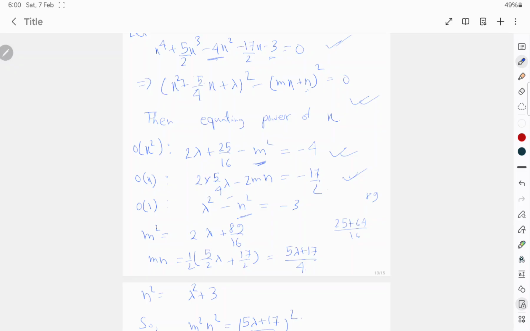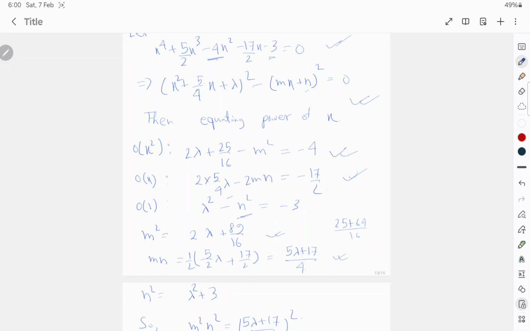From the 3 equations, from the first one you find the value of m square, from the second one the value of mn, and from the third one n square. I have written it according to that. See what m square value you get from here. Don't make a mistake in the sign. Do everything properly.